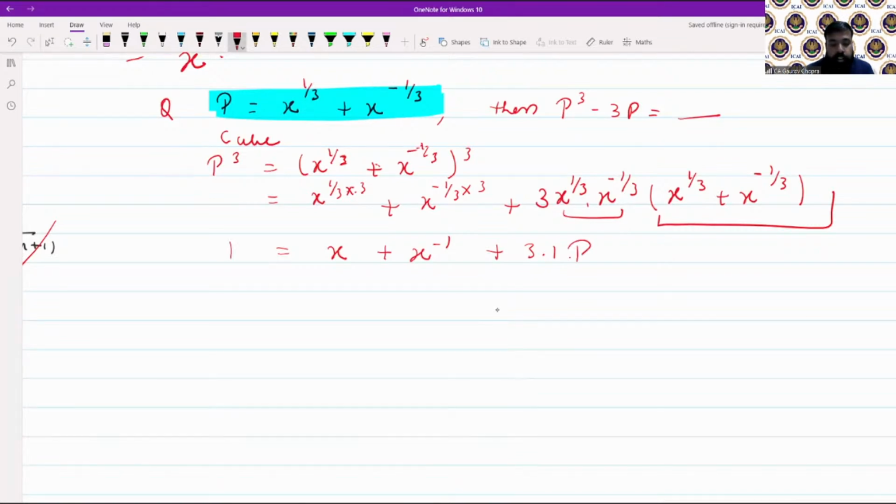Okay, and here it is p cube. Now we can send this 3p on the other side. So p cube minus 3p is equal to x plus 1 upon x. So this is the required result. So in this way we can answer this question. All right.